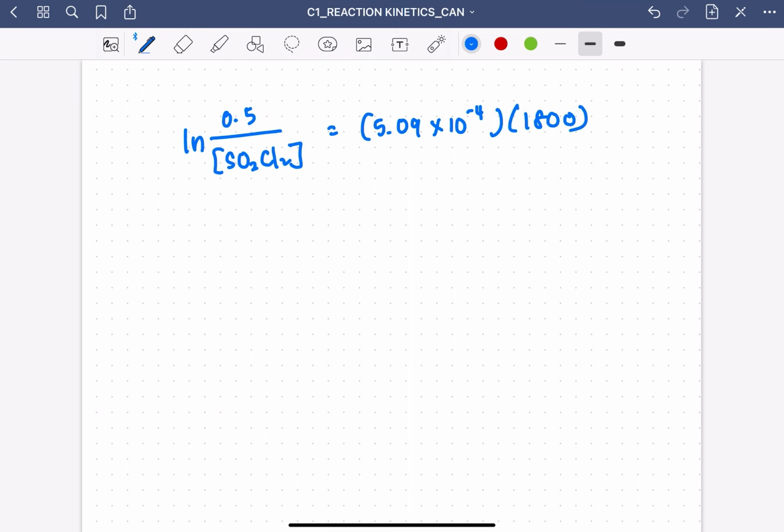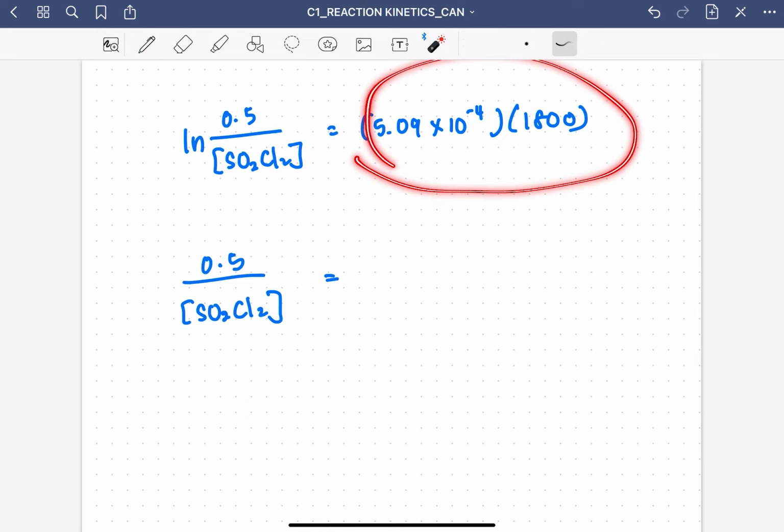We have to change it to seconds because the constant is in seconds. So what you can do, on this side, we anti-ln it. When you anti-ln, you're going to get 0.5 over SO2Cl2. And on this side also, we have to anti-ln it.